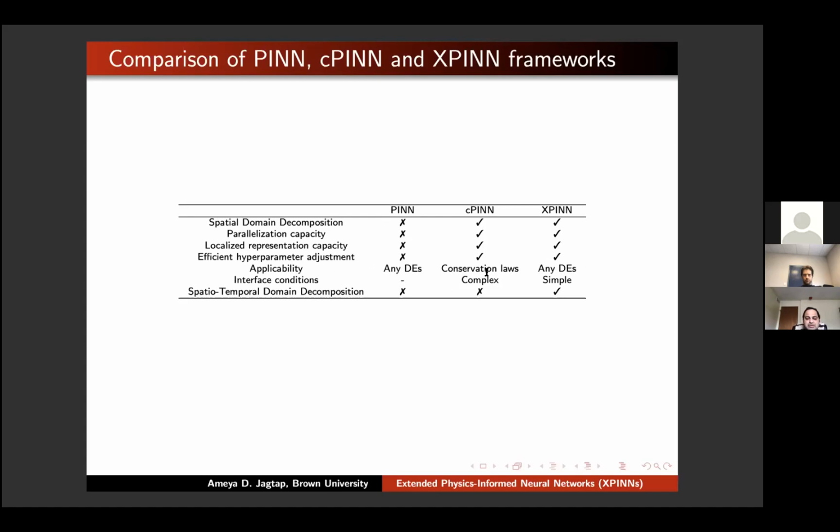In terms of applicability, we can use XPINN for any differential equation and not just for conservation laws. And interface conditions are all simple in terms of implementation. Finally, of course, we can decompose the time domain also. So as I said earlier, for moving domains, it will be really helpful if we use XPINN here.